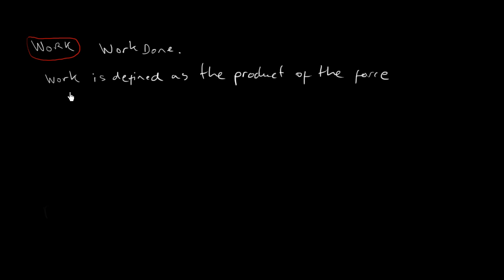A good definition that I've seen is this one here. So I'm going to write it all out so you can copy it. Work is defined as the product of the force acting on an object and the displacement moved by the force.